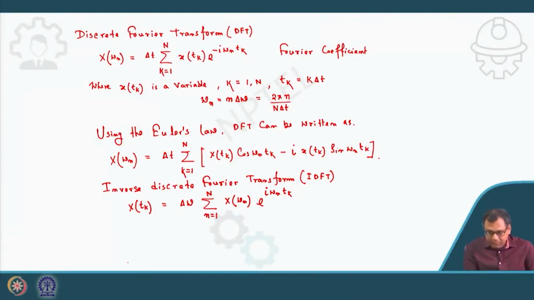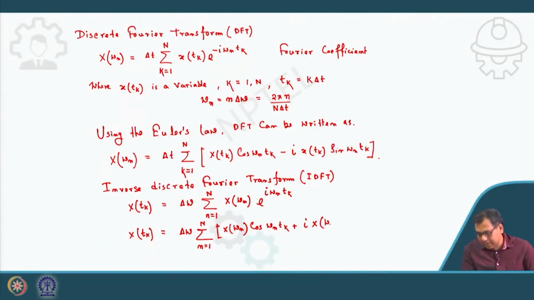Okay, and that you can write by using Euler's law, that x(tk) is equal to delta omega, sum over n equal to 1 to N, of x(omega n) cos(omega n tk) plus i x(omega n) sin(omega n tk).